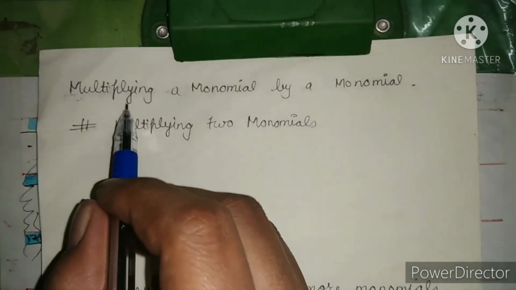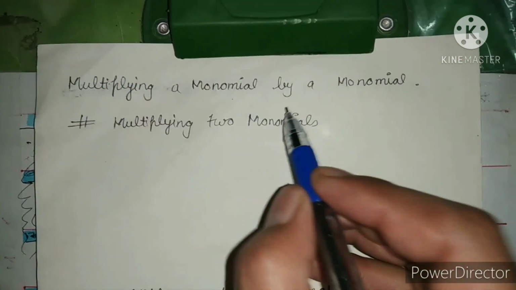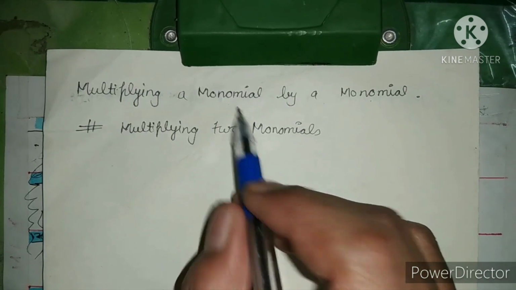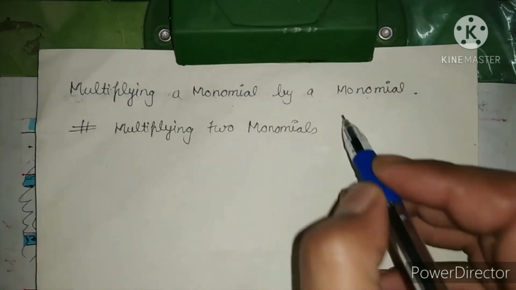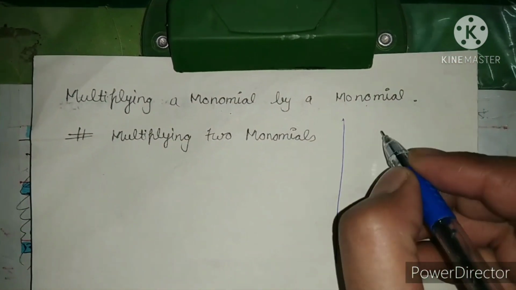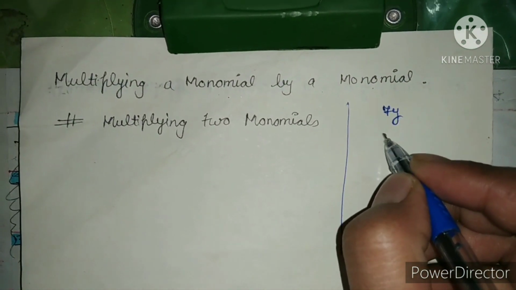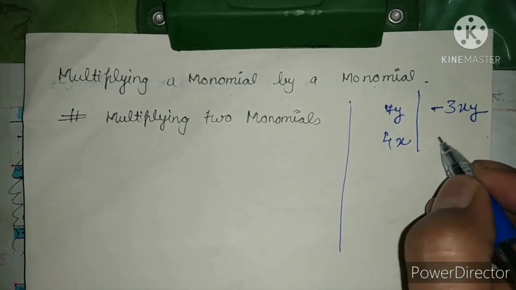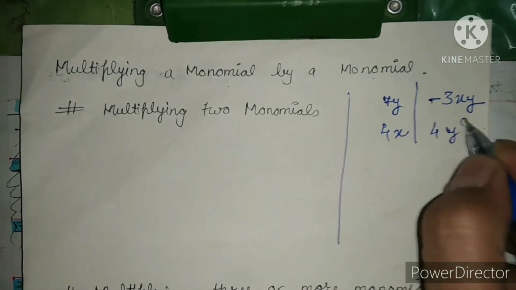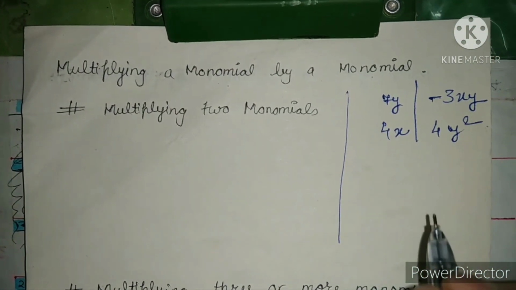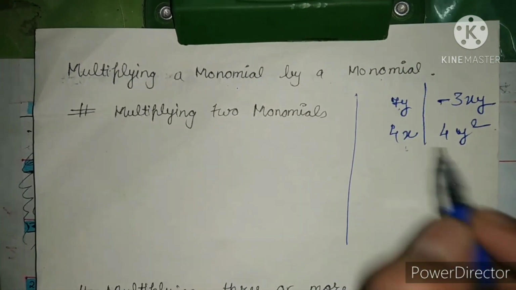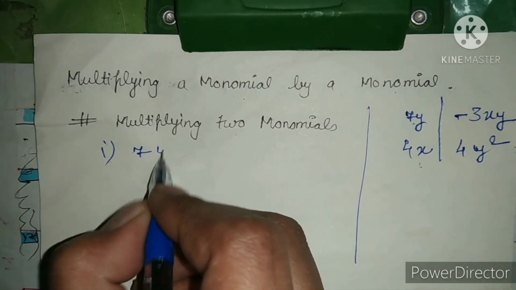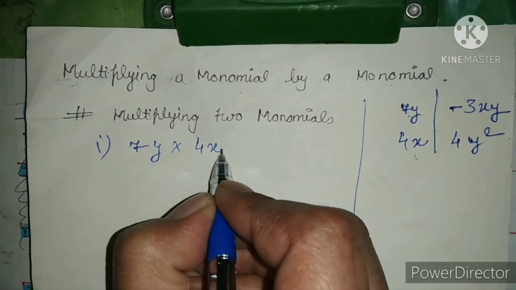The next topic is multiplying a monomial by a monomial. A monomial is any expression that has only one term. For example, 7y, 4x, minus 3xy, 4y square. We can take any monomial term. First I am taking these two: multiplying 7y by 4x.